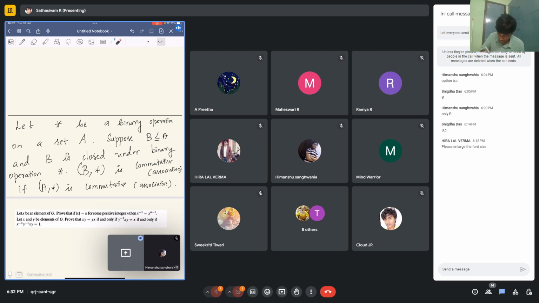So what I'm saying is, if the bigger set is commutative, then the smaller set is also commutative. The same thing holds for associative.